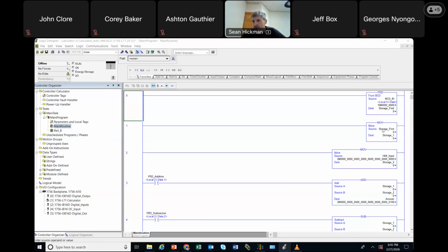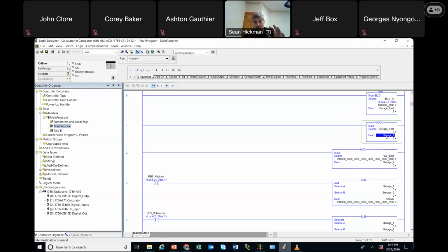And then sometimes you have to move it to another temporary destination, because you can't just take this answer sometimes and then plug it into your program, plug it into your variable frequency drive, plug it into your output, or plug it into whatever. A lot of times you got to take this tag right here, and that's the manipulated data. You got to take the manipulated data, and then you got to move it to another tag.